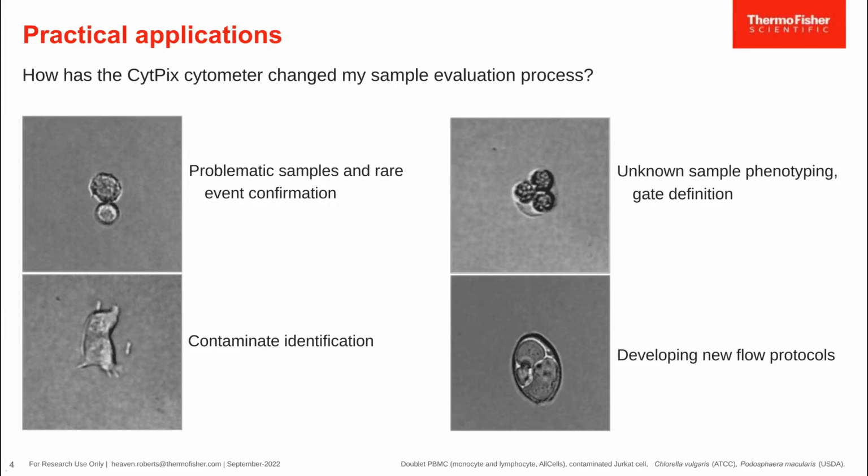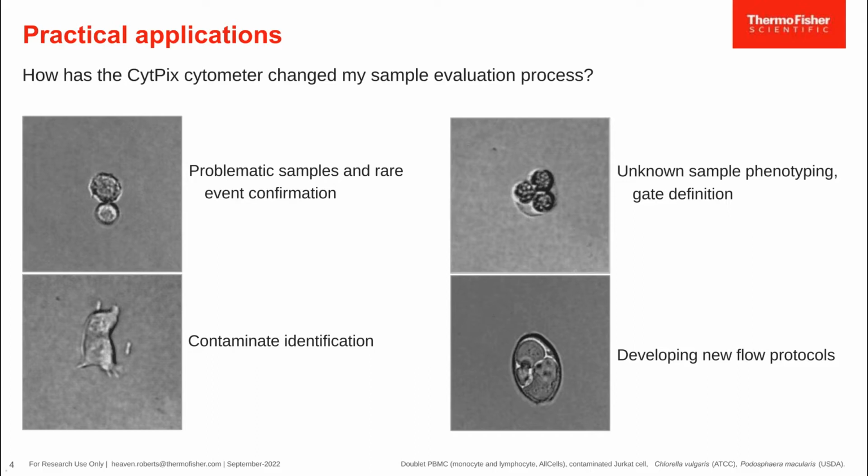I want to break today's presentation into 4 segments. First, problematic samples and rare events and how the CytPix can help with those samples. Also the unfortunate story of contaminant identification and how valuable the instruments become in our own R&D labs for this.